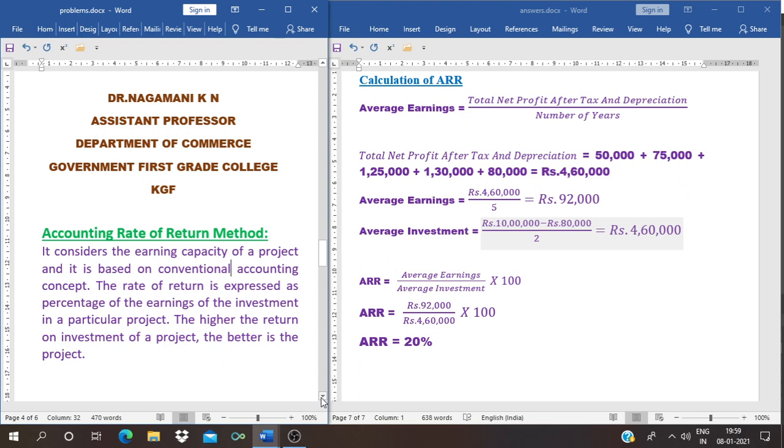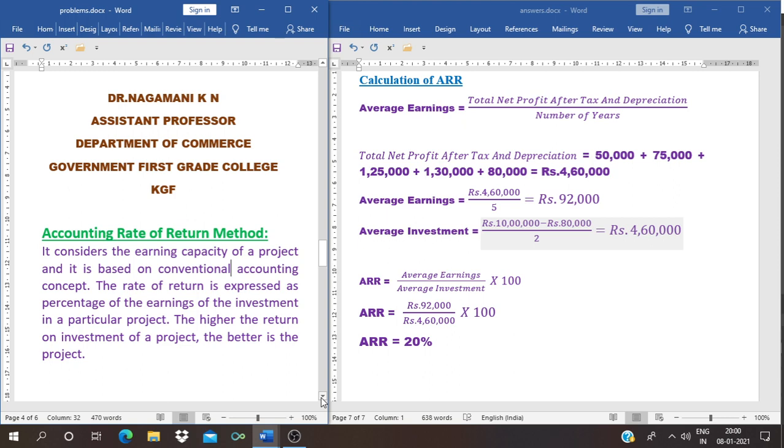One more thing to remember: the higher the return on investment of a project, the better is the project. And what type of net profit should we take for calculating ARR? Net income after tax and depreciation.